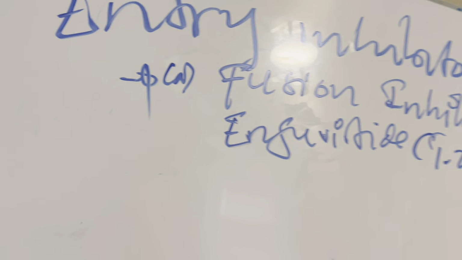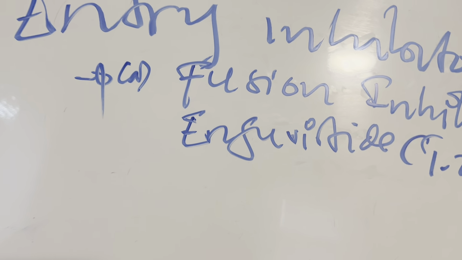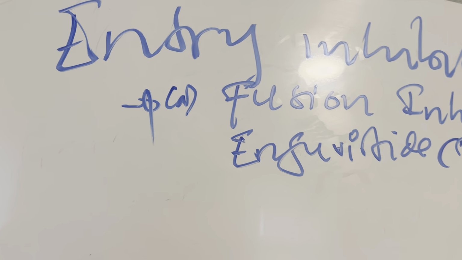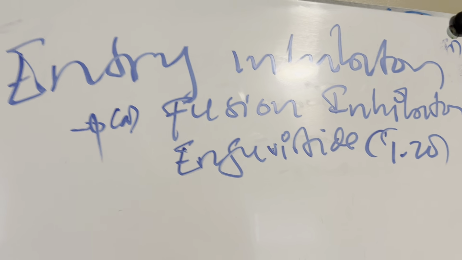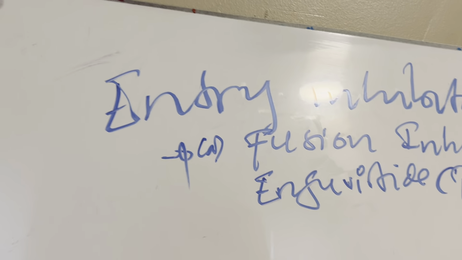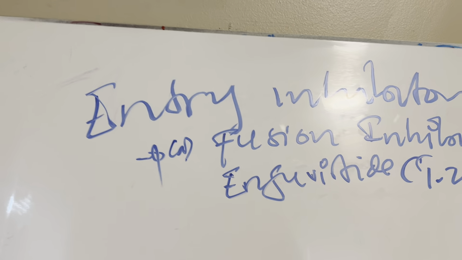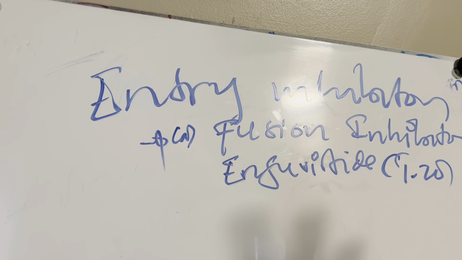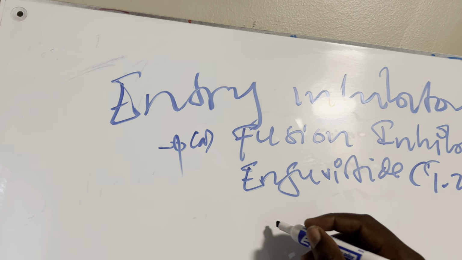Fusion inhibitors block the fusion of the HIV envelope with the host cell membrane, preventing viral entry. As we talked about during pathophysiology, after the GP120 is attached to the CD4 receptors, there's fusion. That is inhibited by enfuvirtide.